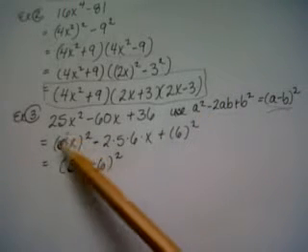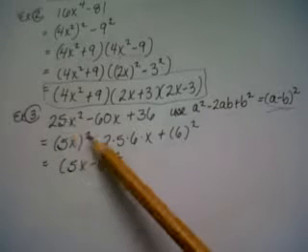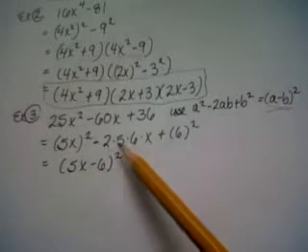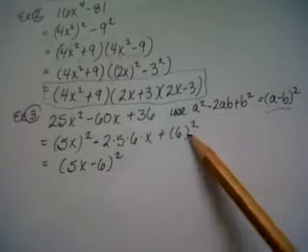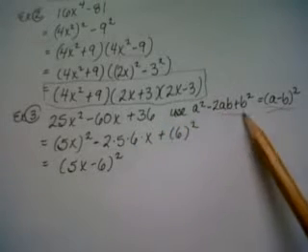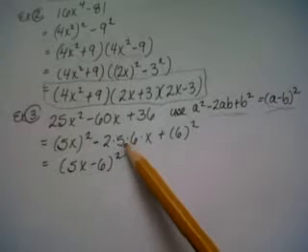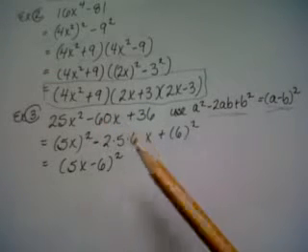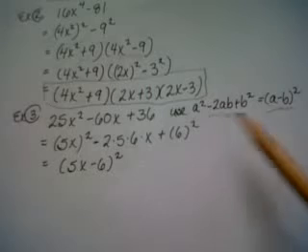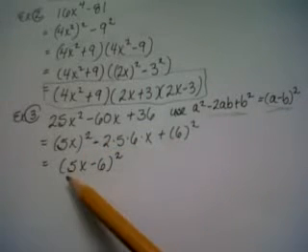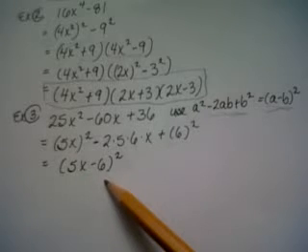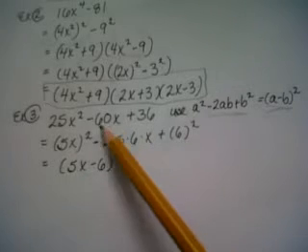So I notice what's acting like my a is, well, this is the same as saying 5x squared minus 2 times 5 times 6, because this is going to be 6 squared. So if I'm looking at that, I do have that because 2 times 5 times 6 is 60. And so my a value will be 5x and my b value will be 6. So I can write this as 5x minus 6, all of that squared.